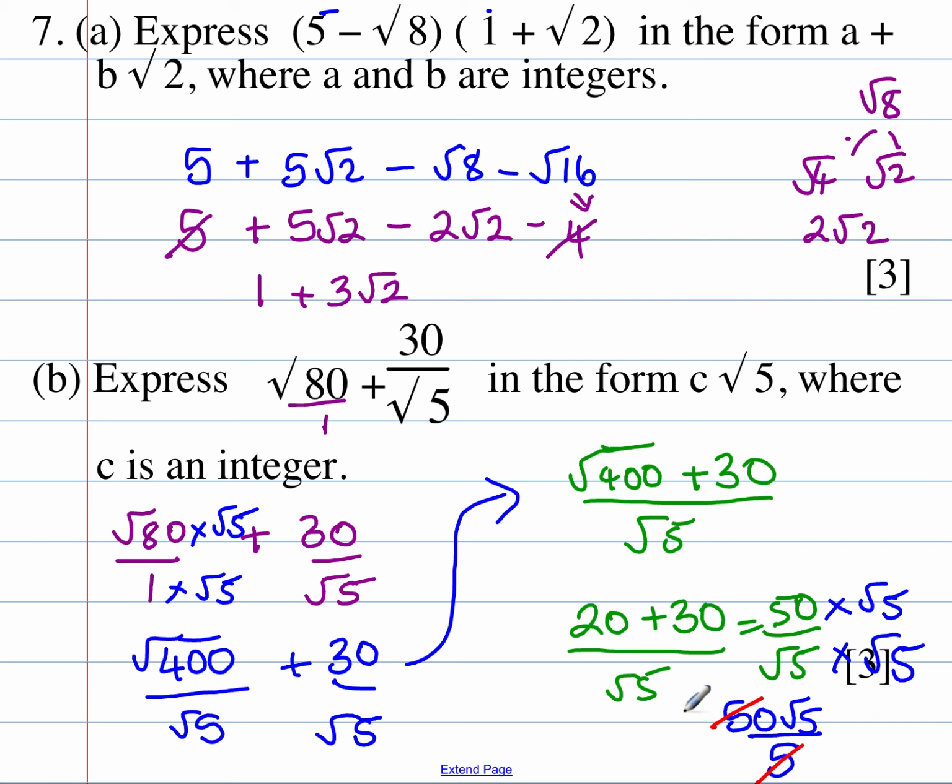Both can be divisible by 5, leaving you 10 on top and 1 at the bottom. So the answer is 10 root 5. And therefore it's in the form of c root 5. Okay, so hopefully that's helped you dealing with all other areas of surds.